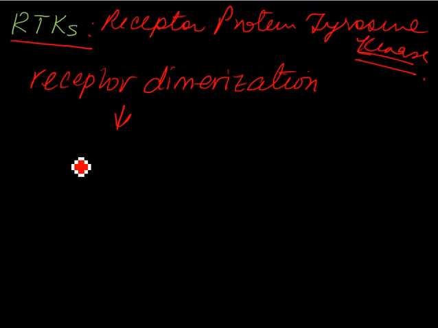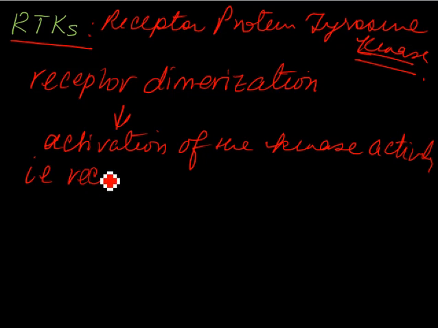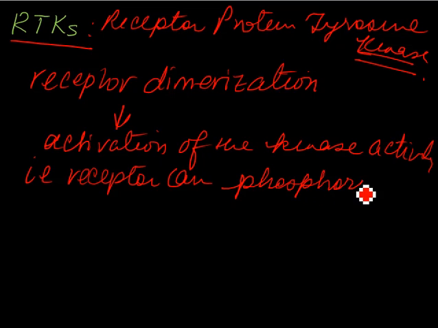So this receptor dimerization is followed by the activation of the kinase activity. That means this receptor can now phosphorylate. Okay.